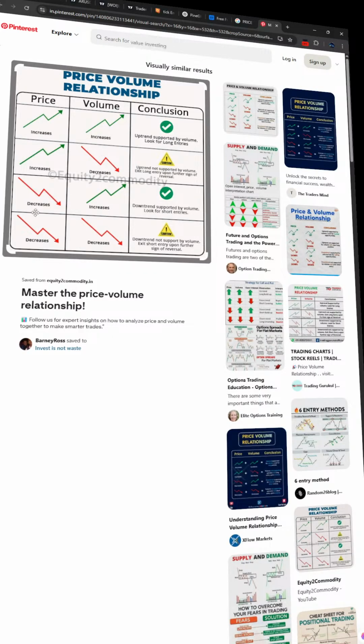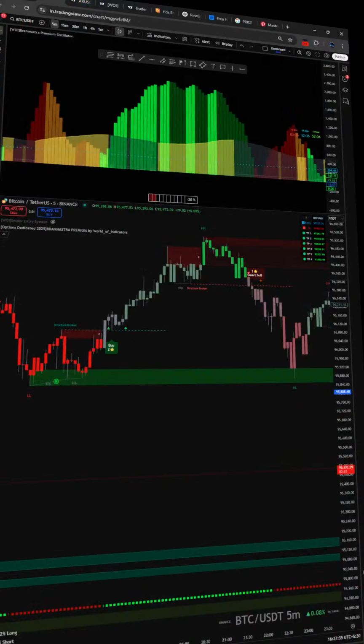I think it's visual. Okay, if price is increasing, volume is increasing, uptrend supported by volume, look for long entries. This concept you can apply here. If price is increasing, volume is increasing, look for long signal.